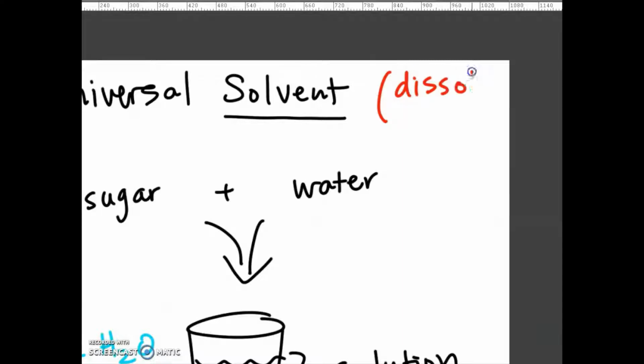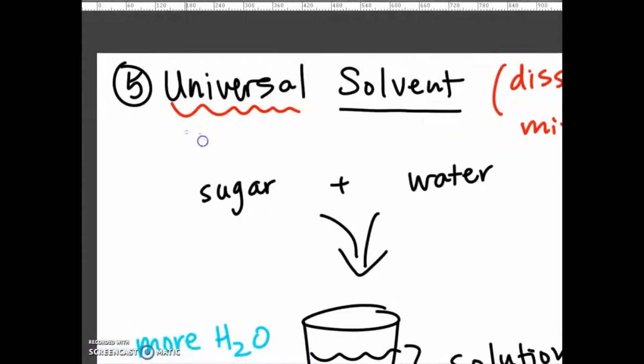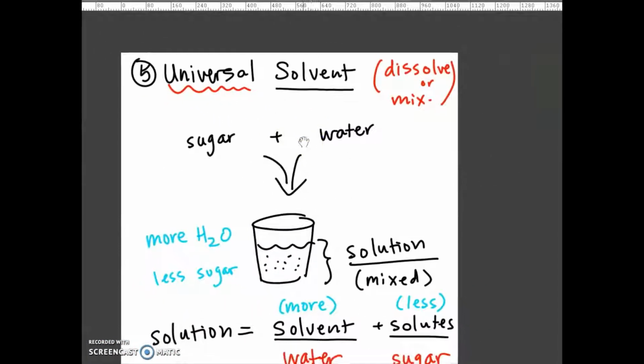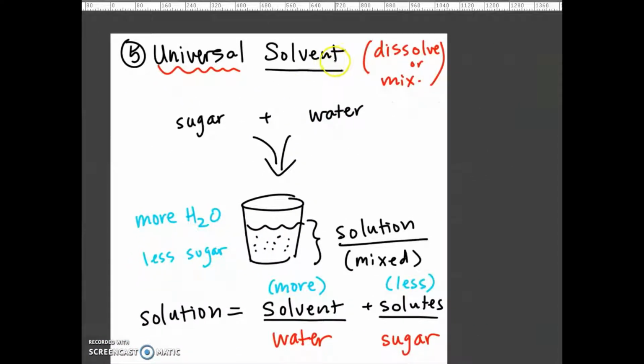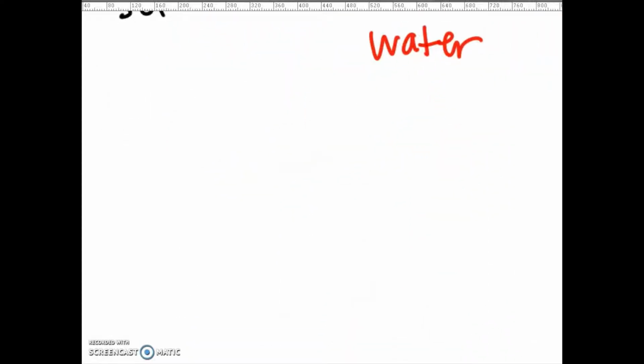Okay, so now we know that water is a universal solvent, meaning it can dissolve or mix with many different things. Universal just means this is true for many things and many cases, for almost all cases. So solvent just means that you have more of it in a solution, and that means you can dissolve or be mixed with many other things. So why is that the case?